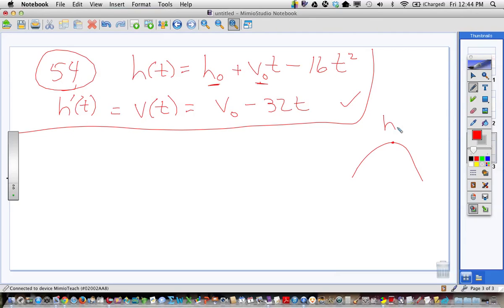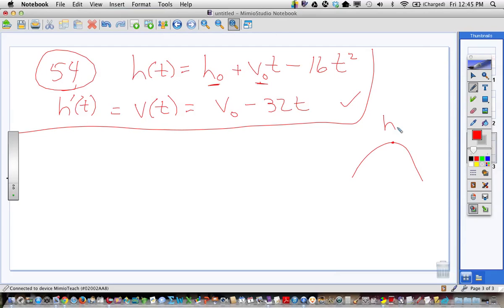The slope is 0. Which one of these equations is the slope? The velocity graph. So what could we do? Set, not plug in, but set it equal to 0. Several of you did say that. Set the velocity graph equal to 0 and solve it for t. That'll give you the time that it's at its peak.